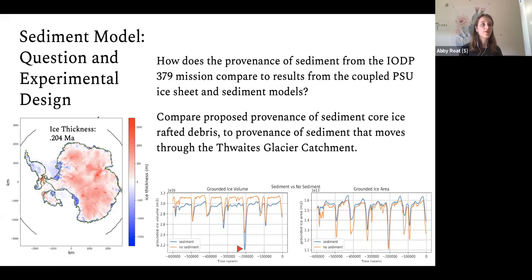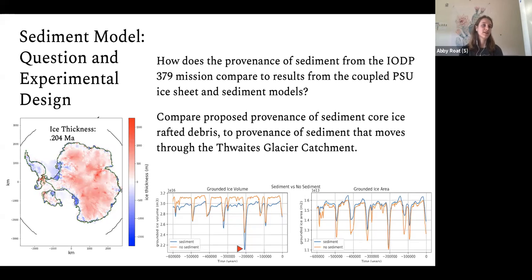You can see ice thickness in the map to the left, and the red arrow points to the period that it's showing. So that's a time of low ice sheet extent, an interglacial perhaps.